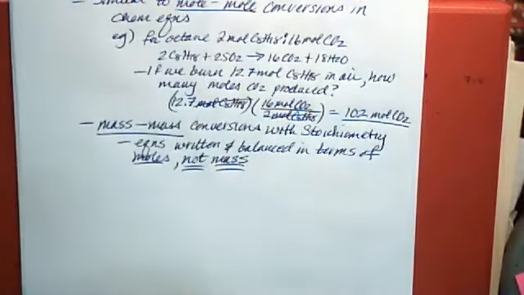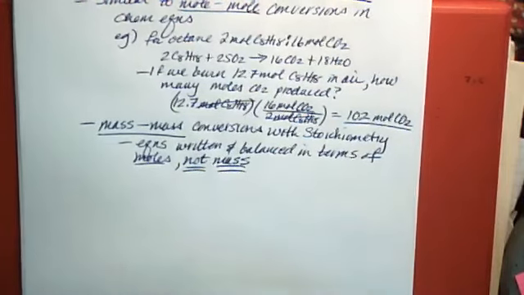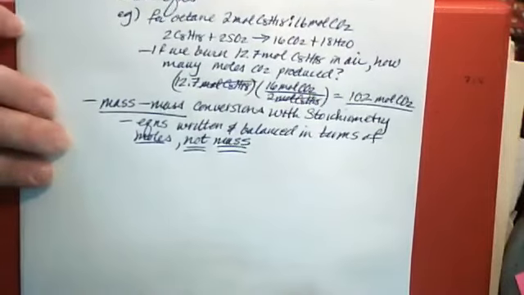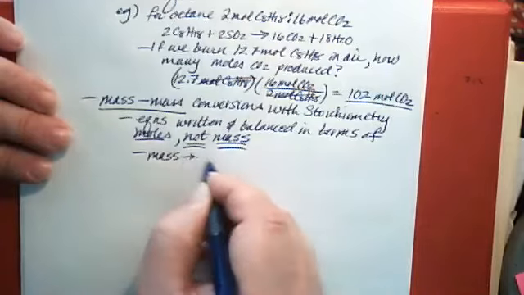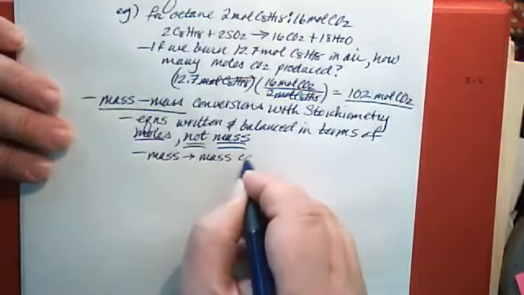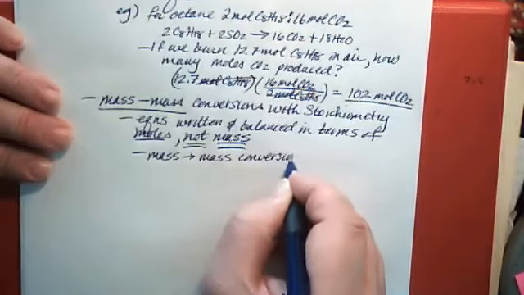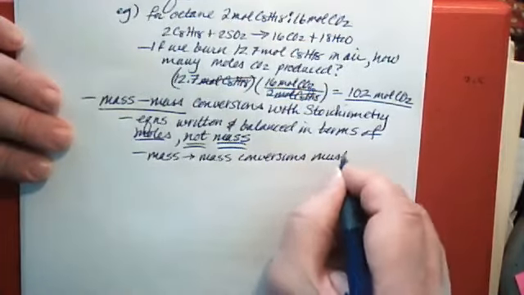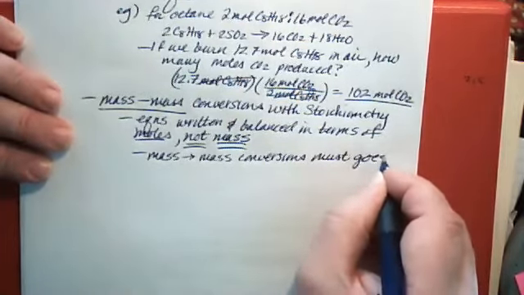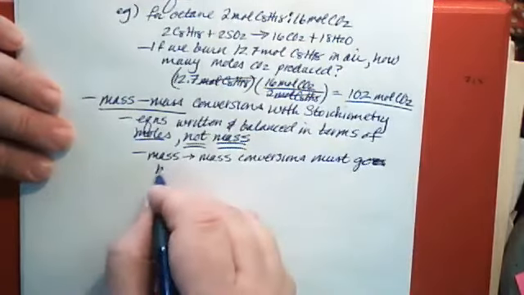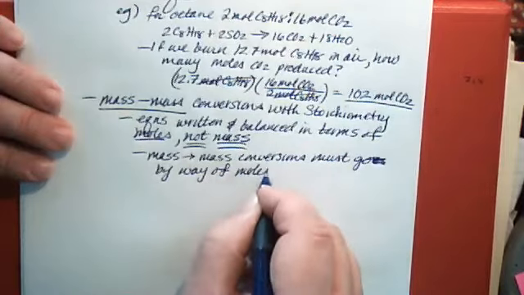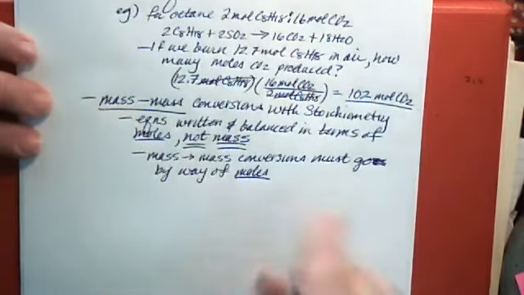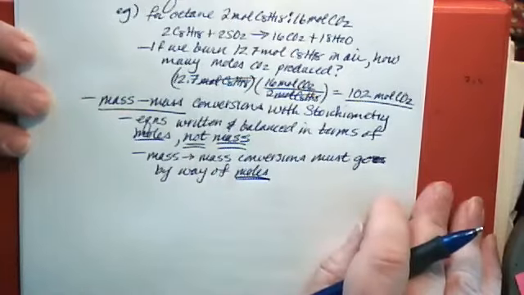Okay, so I'm just going to say moles, but you can also, of course, read the equations in terms of molecules. So moles, not mass. And what that means is that mass-to-mass conversions always have to go by way of moles.